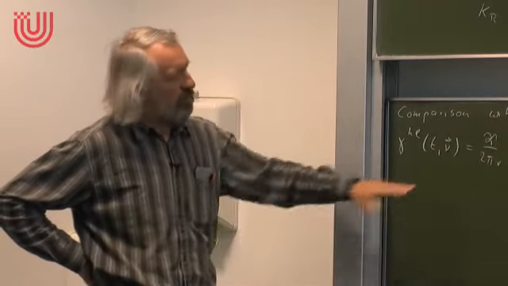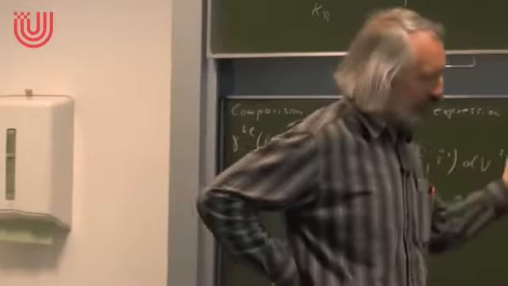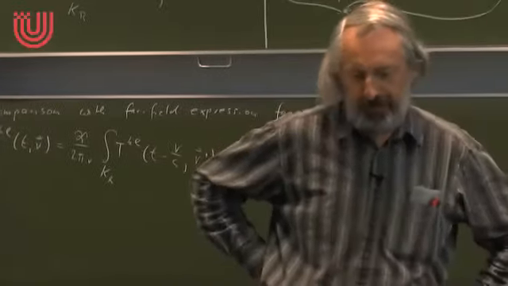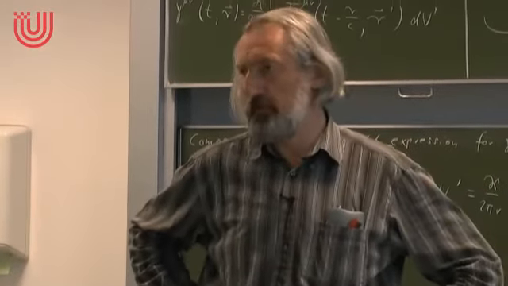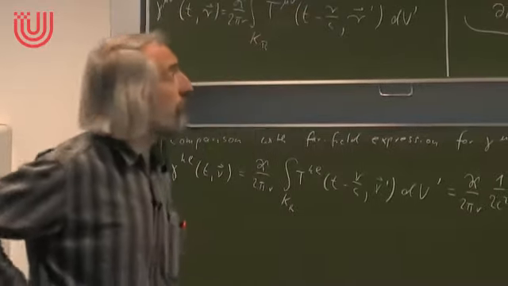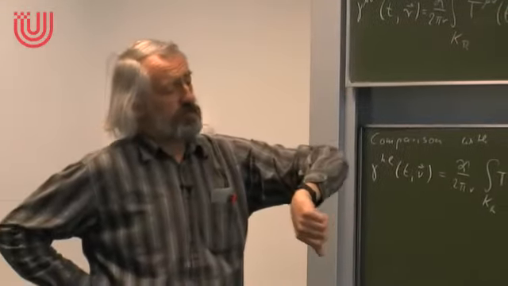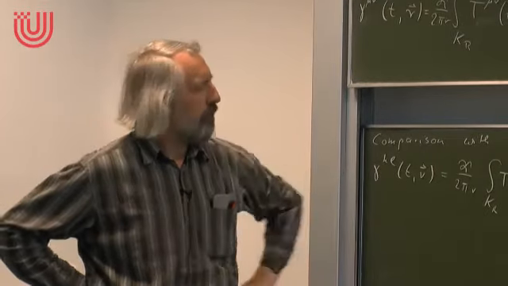So you can understand this on the basis of this formula. And what you should keep away for the rest of your life from this last part of the lecture is that what matters for gravitational waves to leading order is a quadrupole moment, not the dipole moment as it is for electromagnetic waves.